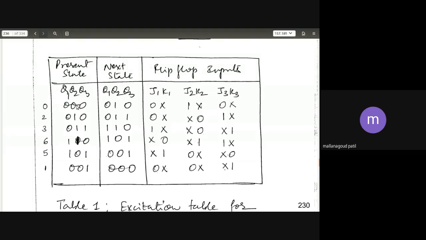From 0, which is the next state? 2. Next state is written, no. From here to here, 2. Then 2 to 3, 3 to 6, 6 to 5, 5 to 1. 1 to 0.